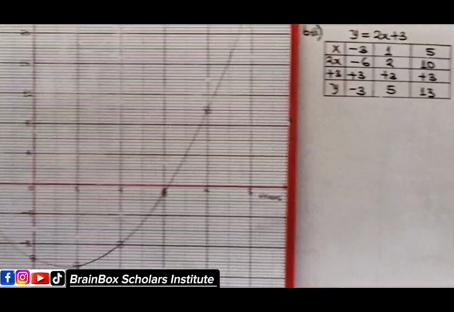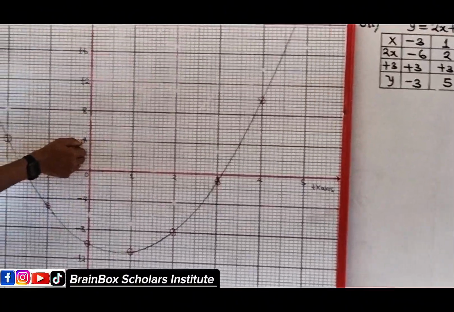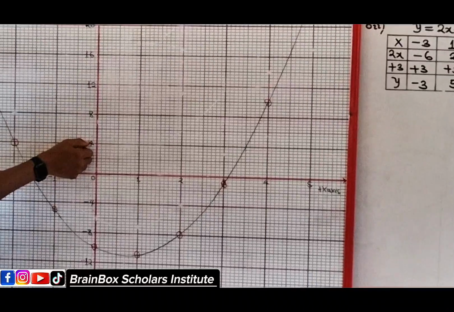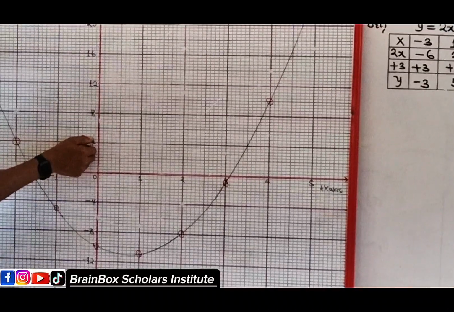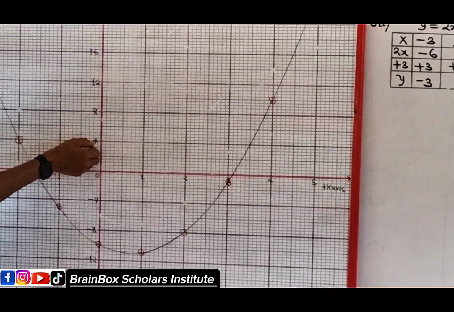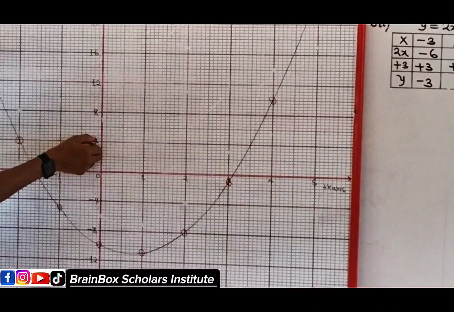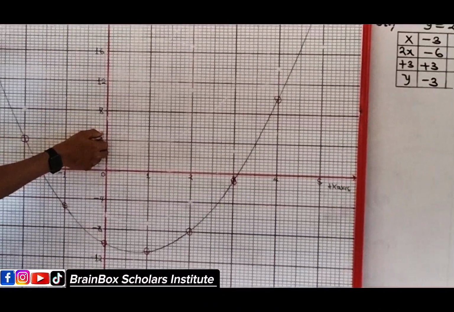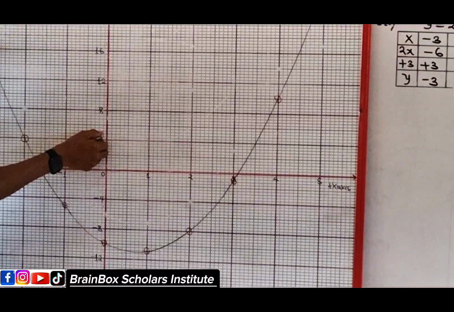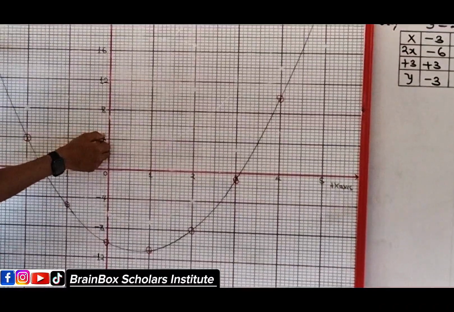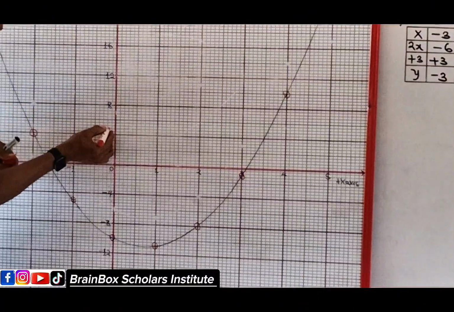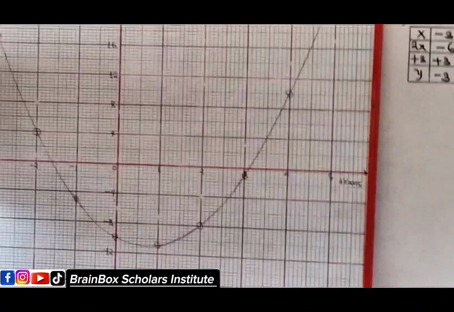Let's go again. 4, 4.4, 4.8, 5.2. Right? So in between 5.2 and 4.8 is where I have 5. Are we there?